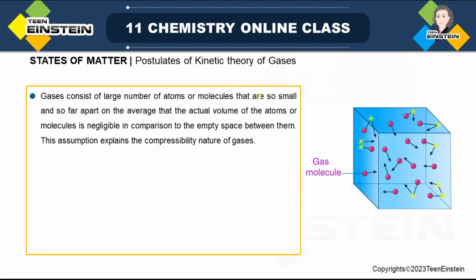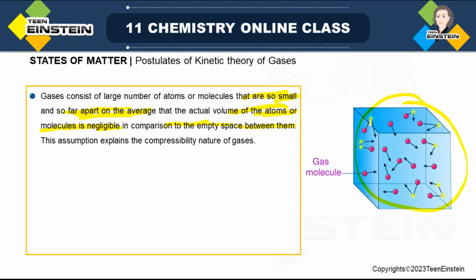These atoms or molecules are so small and, on average, so far apart, unlike solid or liquid, that the actual volume of the atoms or molecules you can consider negligible in comparison to the empty space between them. Suppose this is the container in which you have all these molecules.